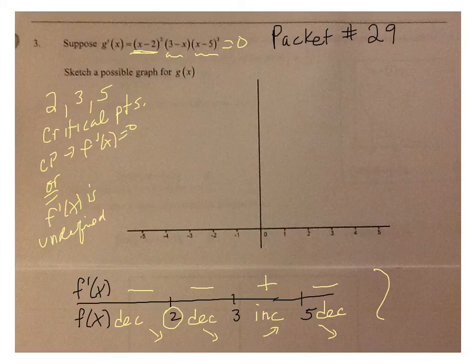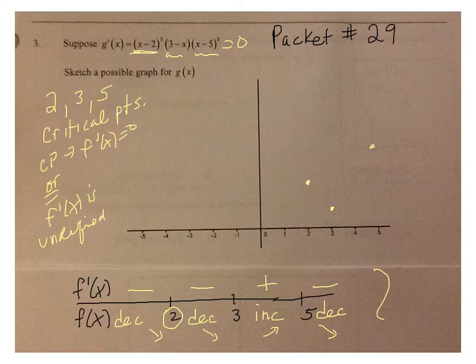So I'm not given any initial points, so this sketch is going to be a little bit arbitrary. But I do know that I have a horizontal tangent at 2, I have a horizontal tangent at 3, and I have a horizontal tangent at 5.